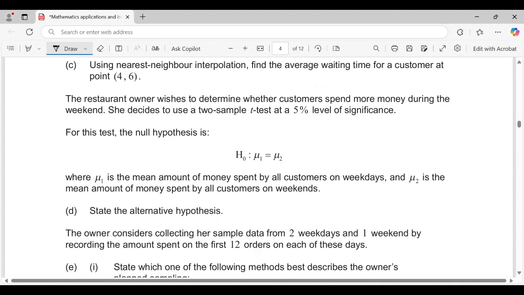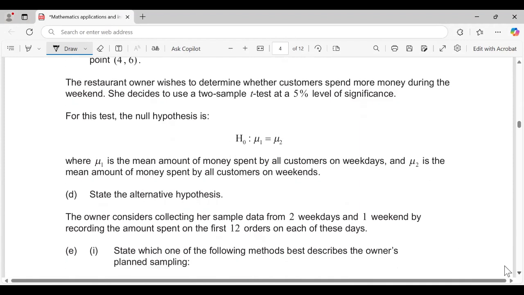State the alternative hypothesis. Okay, if this is the null hypothesis, it means the alternative hypothesis H1 is mu1 less than mu2. And this is a one-tailed test, right?